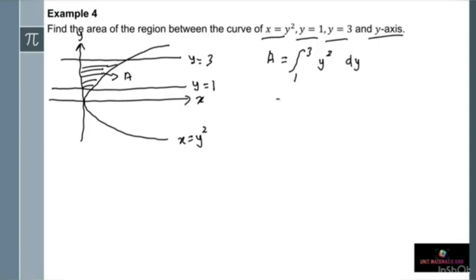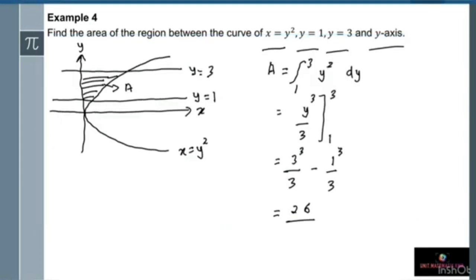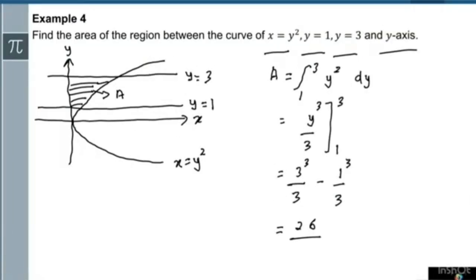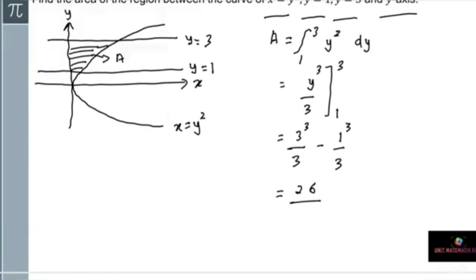We integrate this and we have y cubed over 3, with limits of integration 1 to 3. We substitute the values, so we have 3 cubed over 3 minus 1 cubed over 3. Therefore the final answer is 26 over 3 units squared.